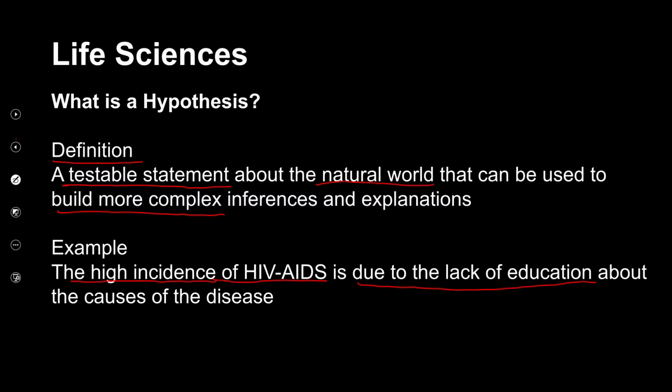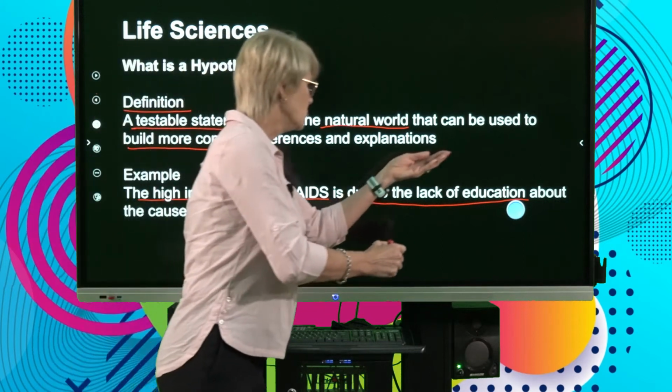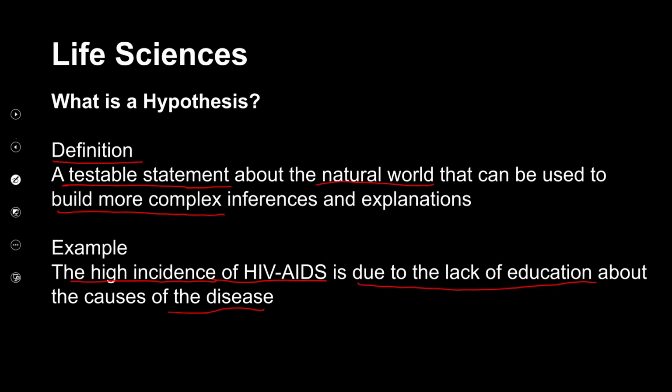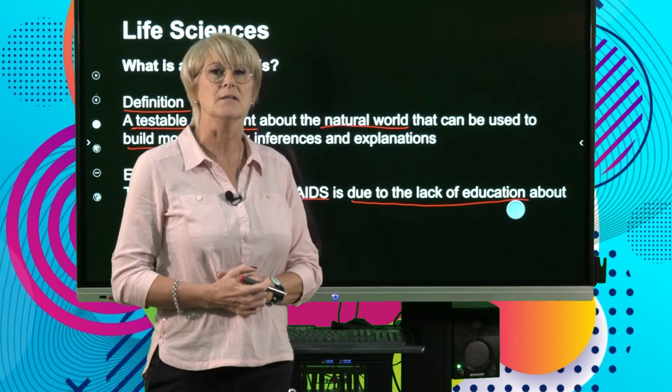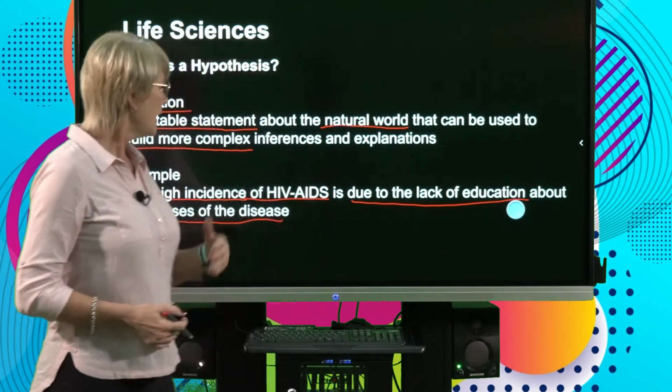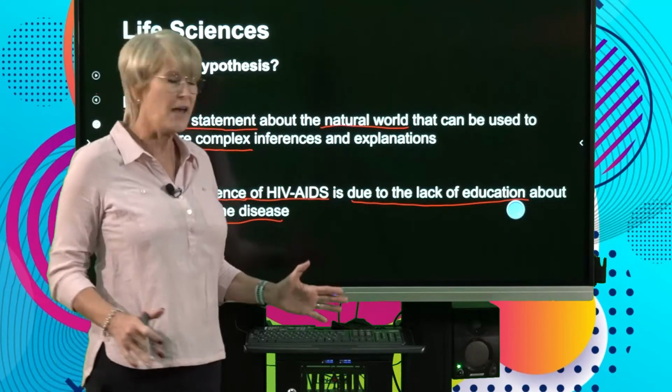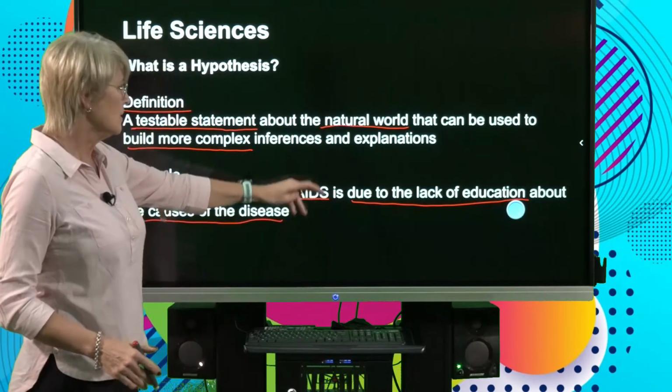So we're making a statement. We're saying that due to a lack of education, a lot of people don't know about the causes of the disease, and therefore there is so much HIV and AIDS in the world today. That is a statement that we can't say is a fact. We actually need to test it.